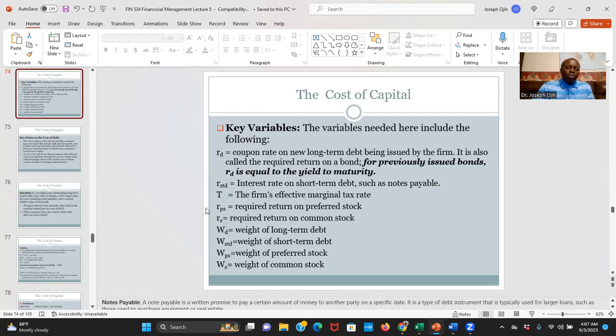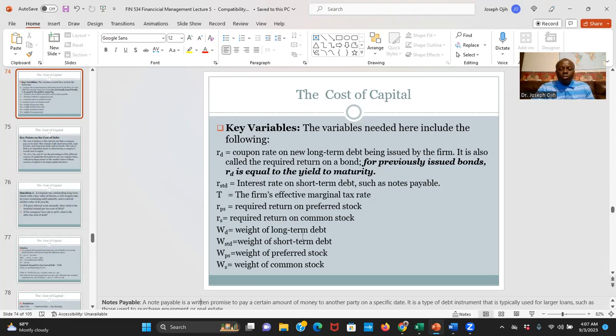Then we use the capital T to represent the effective marginal tax rate, the tax the company pays. RPS represents the return on preferred stock. RS is the return on common stock. Then the WD is the weight of long-term debt. I mean, what percentage of the capital structure long-term debt constitutes.